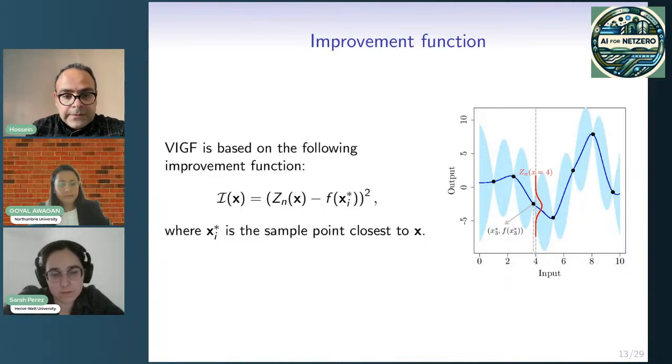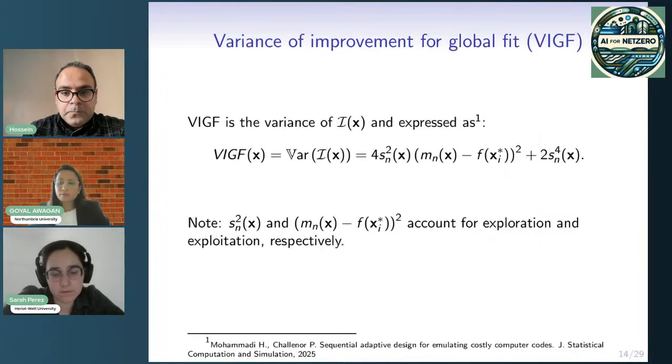Since this is a stochastic quantity, I of x is also stochastic, and we can obtain the moments of this quantity. We have shown that I of x follows a non-central chi-square distribution, and we can simply extract its mean and variance.